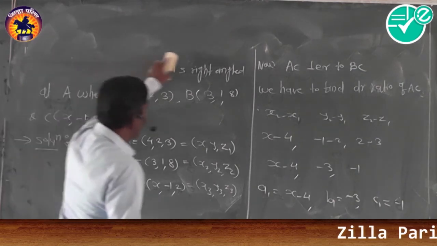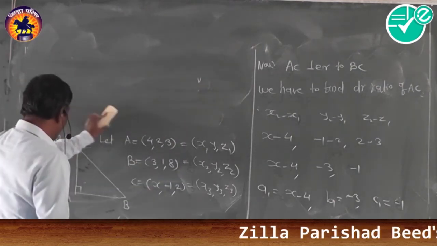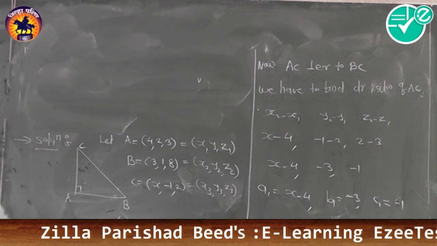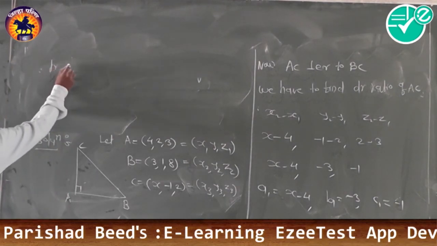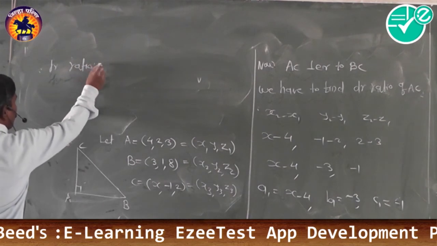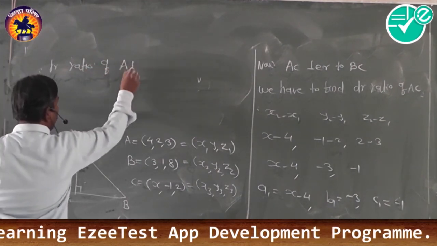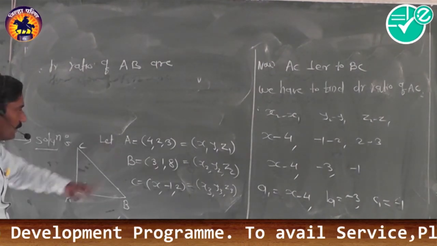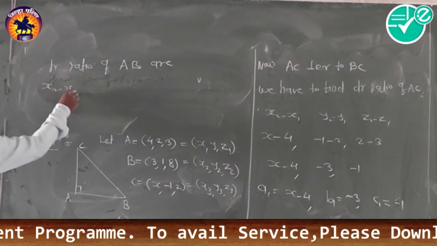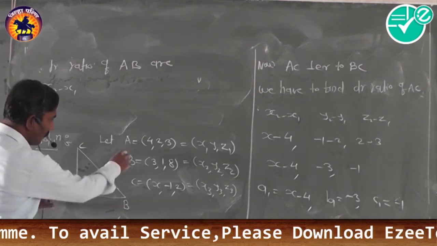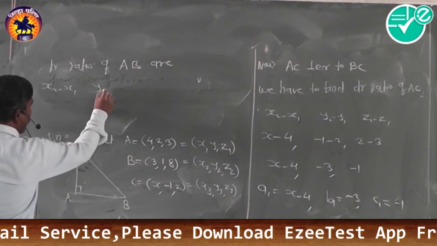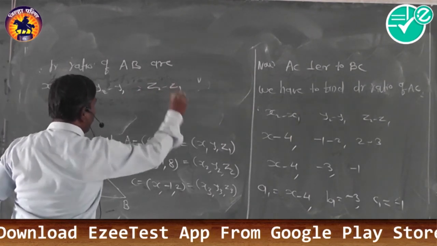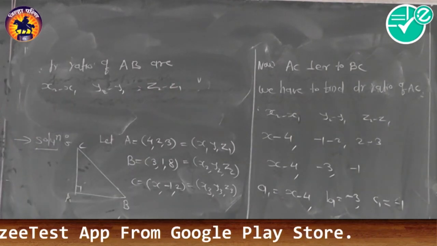Next we will find the direction ratios of AB. The direction ratios of AB are x2 minus x1, y2 minus y1, z2 minus z1.